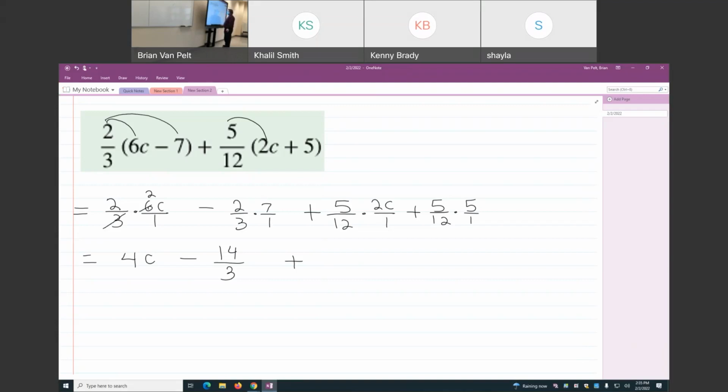What can be simplified? We take this 2 out and make this into a 6, can't I? So we got 5C over 6. But I am stuck with this last piece. I can't simplify anything here. 25 over 12. So let's pause there. Did you guys get these numbers?